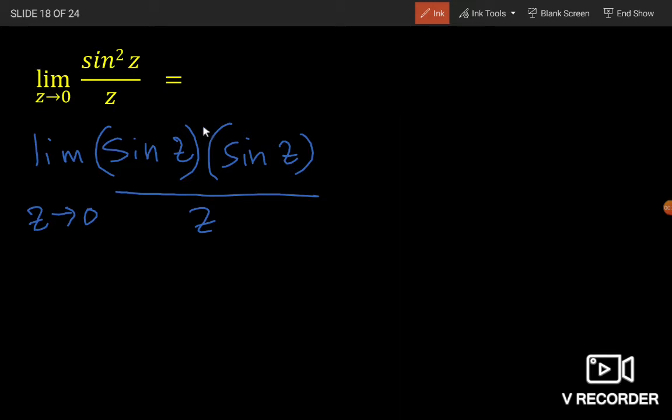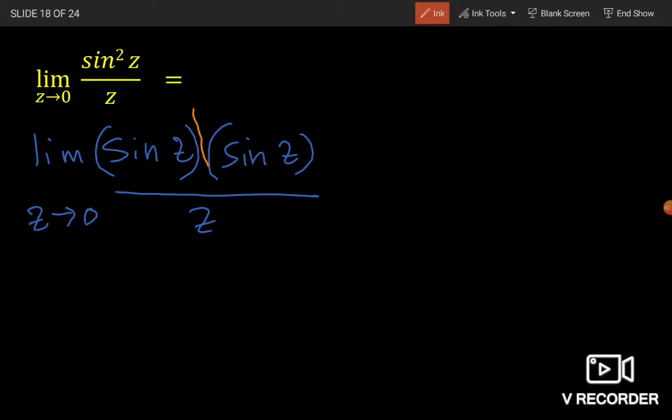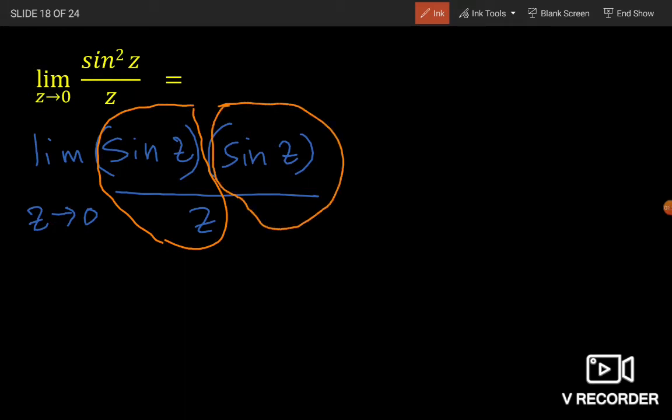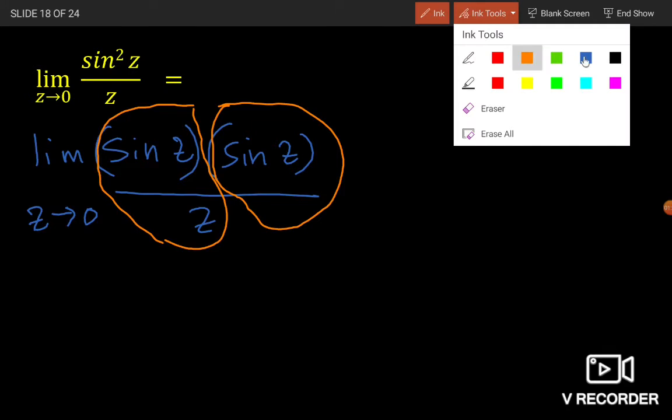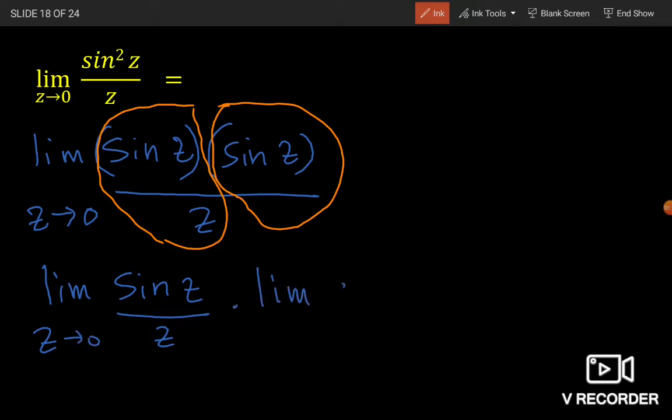Now we can divide this into two functions. Let me just illustrate here. So we have one function here and then another function here. So we can therefore express this as the limit of sine of z over z as z approaches 0 multiplied by the limit of sine z as z approaches 0.